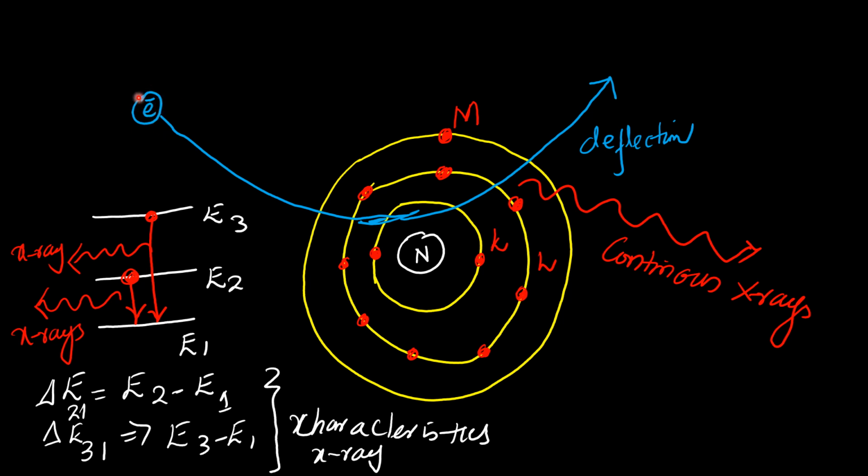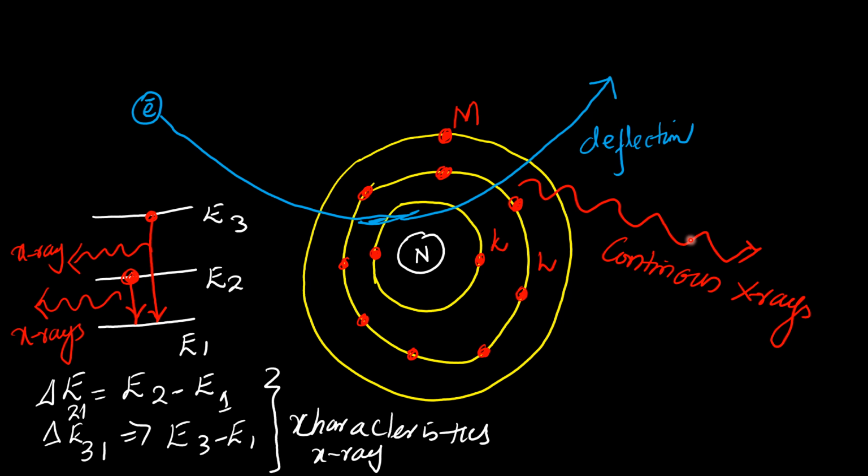Whenever it passes near a nucleus having a positive charge, it changes the initial energy of the electron incident on the atom. Due to the change in the initial energy and momentum of the electron, there will be a release of energy, and that release of energy is known as continuous X-rays.